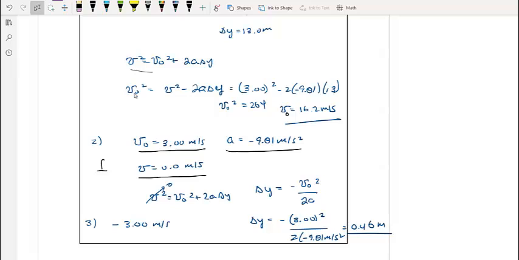If you algebraically solve for delta y, you'll get delta y is negative v0 squared over 2a. v0 is positive 3 meters per second. a is negative 9.81 meters per second squared. So you find out that the additional height is only 4.6 meters above the balcony.